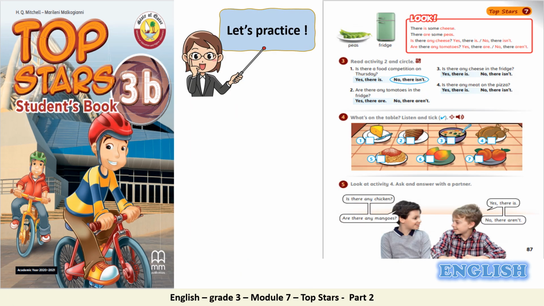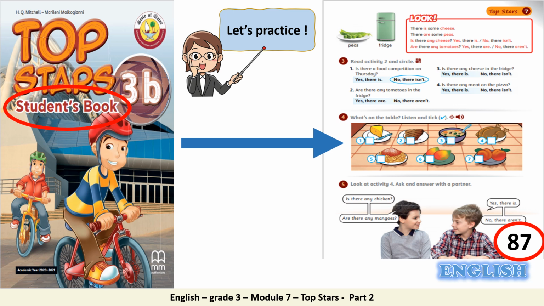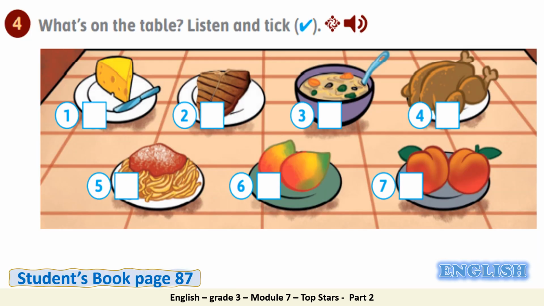Let's practice. Open your student's book, page 87, activity 4. What's on the table? Listen and tick. Is there any chicken? Yes, there is. And there's some steak too. Okay, what about cheese? Is there any cheese? No, there isn't. But there is some spaghetti. Oh, okay, that's fine.